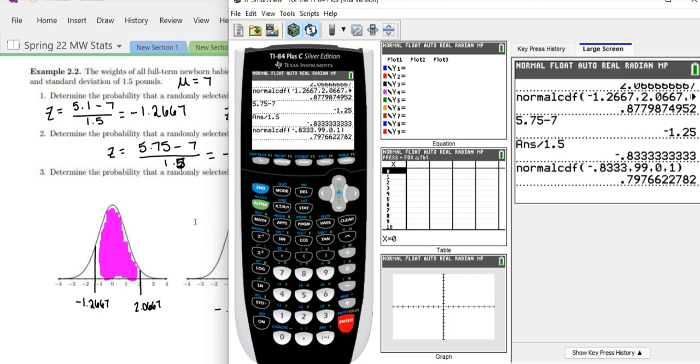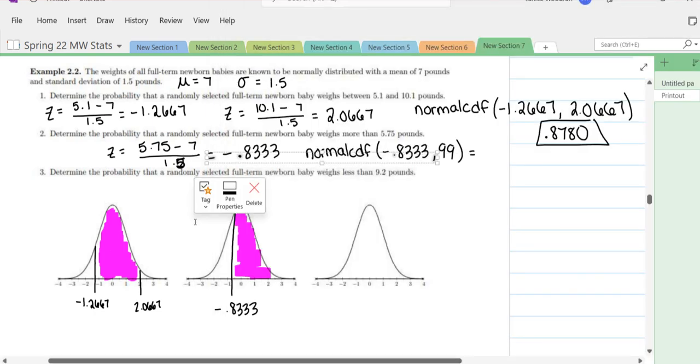And that's going to give me 0.7977. Again, that's the probability that a randomly selected full-term baby weighs more than 5.75 pounds. That represents this area here, shaded in purple.